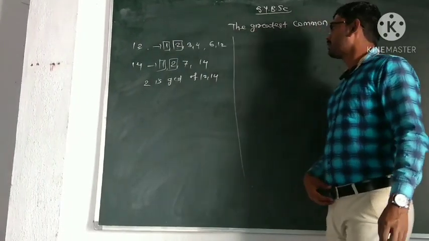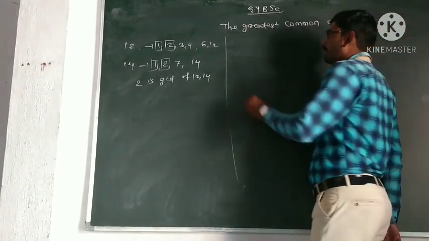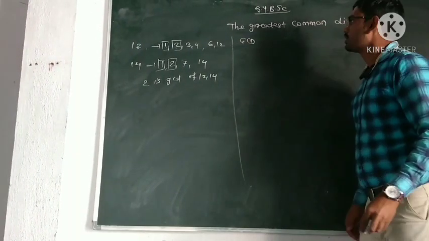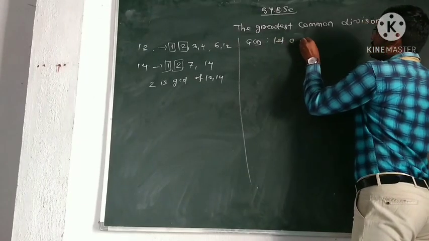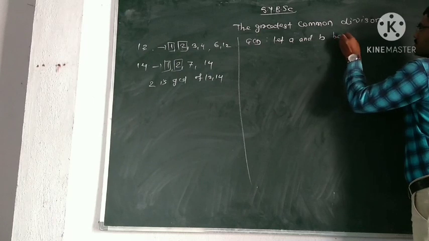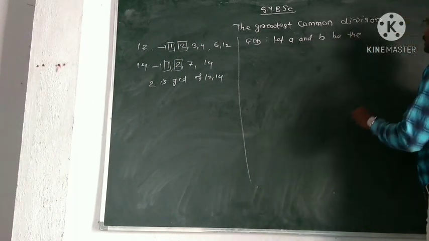Okay, so we will write the definition of the greatest common divisor. Suppose let A and B be non-zero integers.